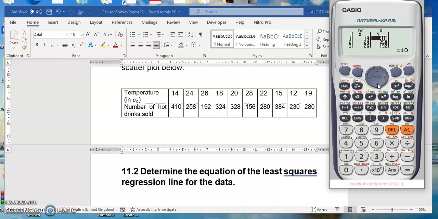Alright. So from here I have 14, it's fine. 24, it's fine. 26, it's fine. 18, it's fine. 20, is fine. 28, is fine. 22, is fine. 15, is fine. 12, is fine.